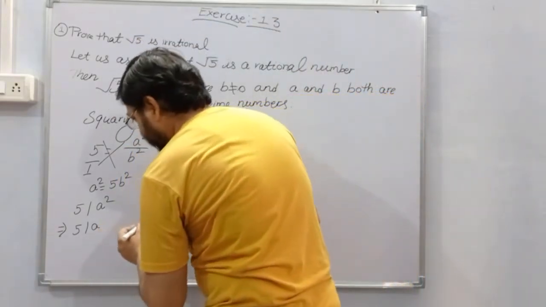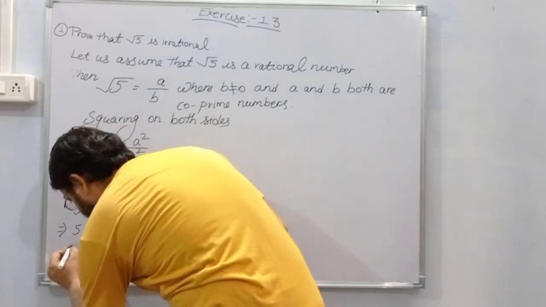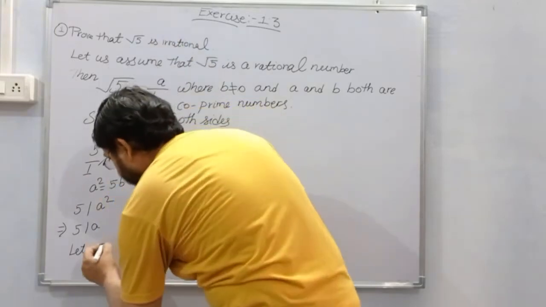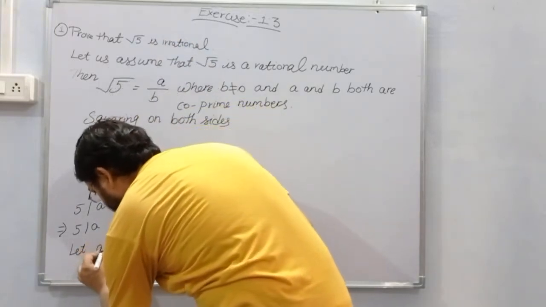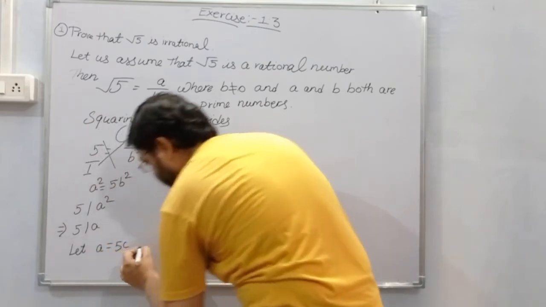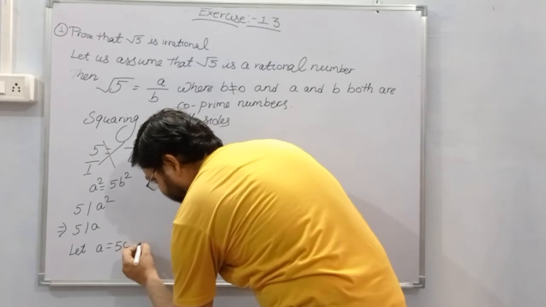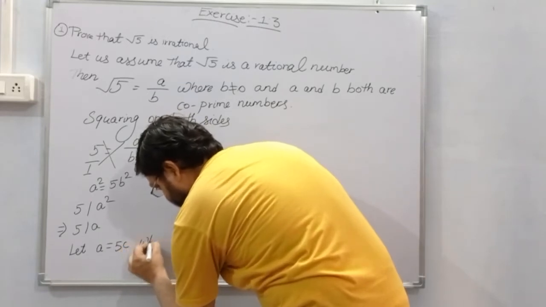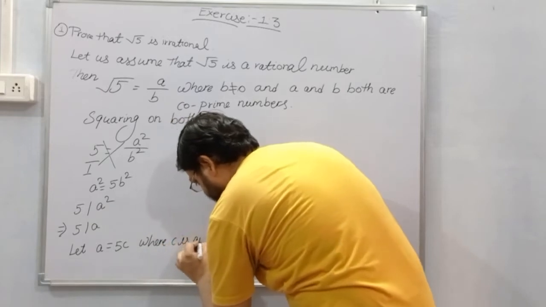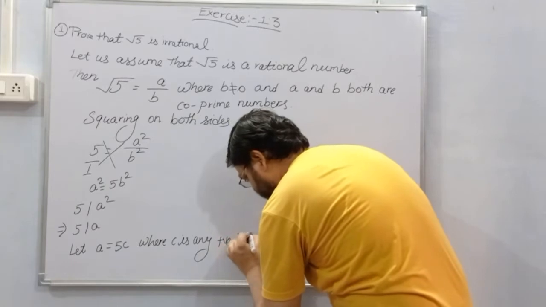Now I can let a is equal to 5c, because a is a multiple of 5, where c is any positive integer.